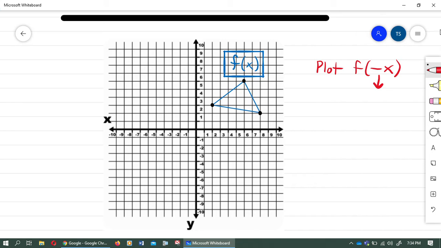It's a horizontal reflection. So again, this triangle is going to sort of flip either left or right, but that's going to be a reflection over the y-axis.